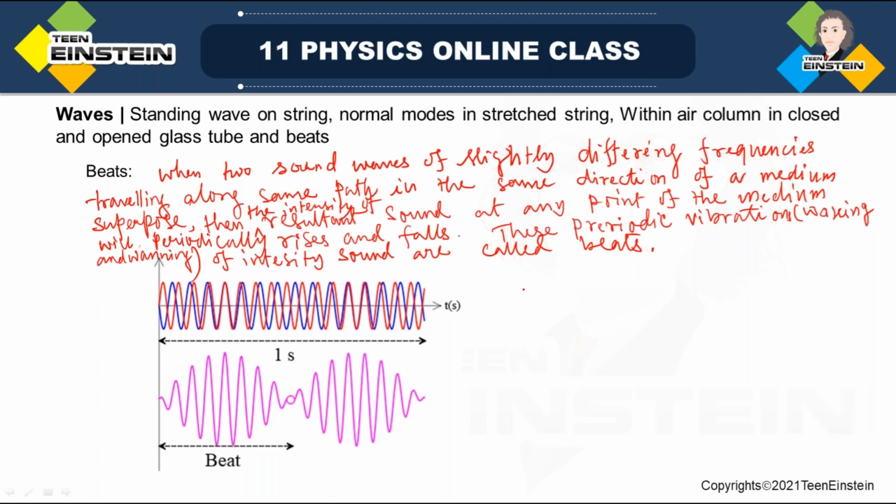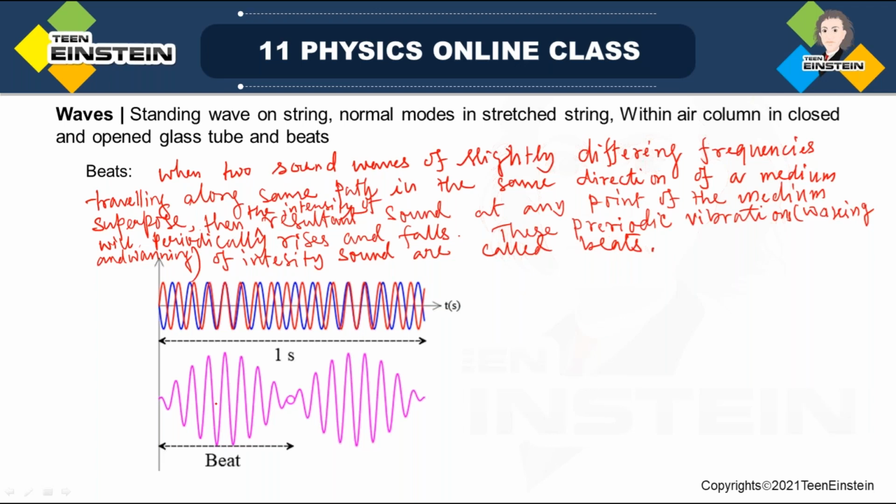So these periodic vibrations in the intensity of sound caused by superposition of two sound waves of slightly different frequencies are called beats. One rise and one fall of intensity constitute a beat.